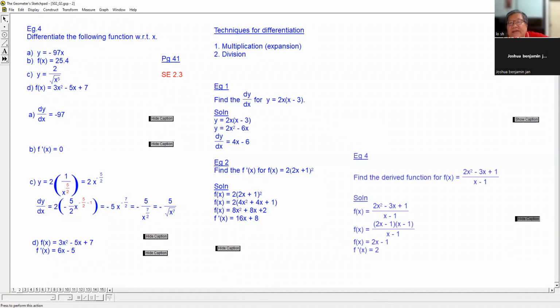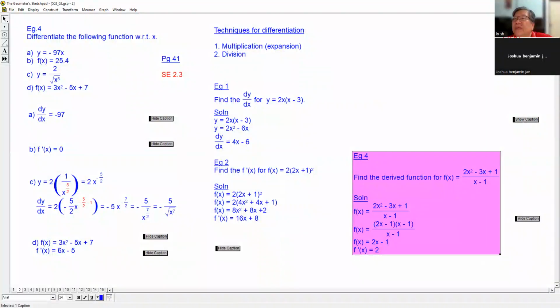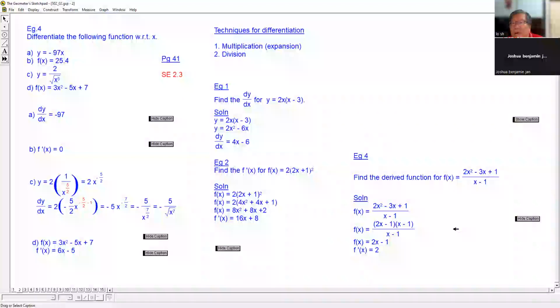Okay, one more example. Find the derived function for f(x). Now in this case, there's no bracket. There is a fraction, with a numerator and a denominator.